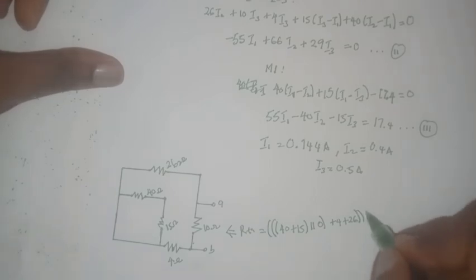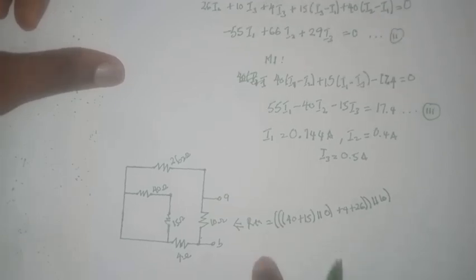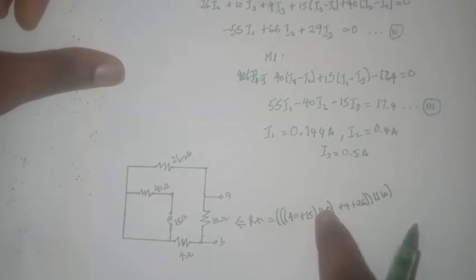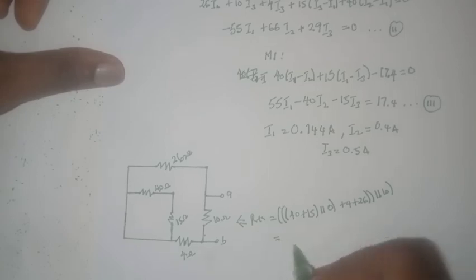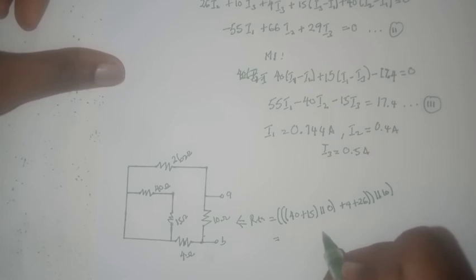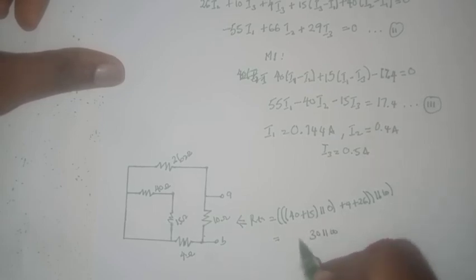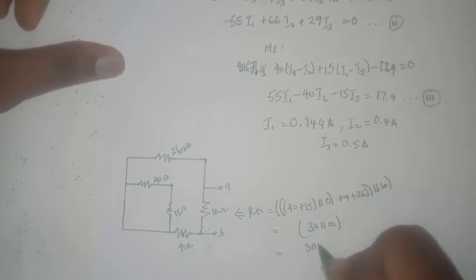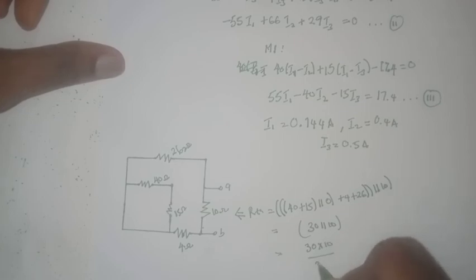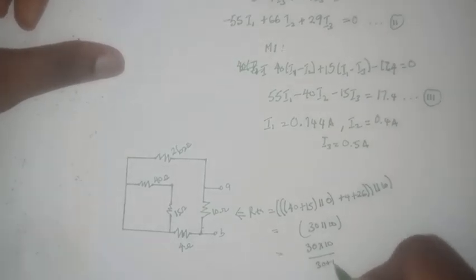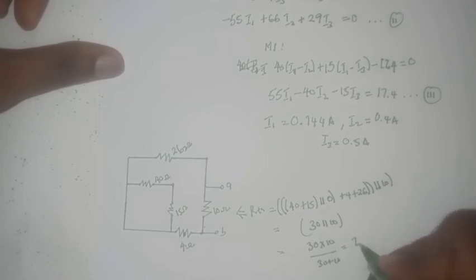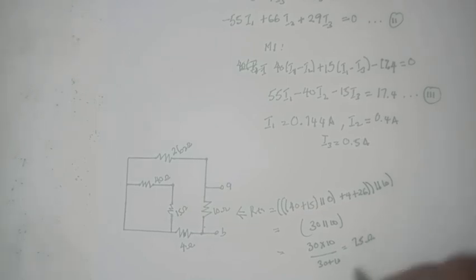Any resistance in parallel with 0 will be 0 because that is a short circuit. So we'll be left with 30 in parallel with 10. We would have 30 times 10 divided by 30 plus 10, and that would be equals to 7.5 ohms.